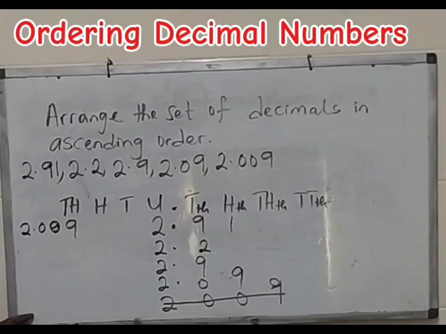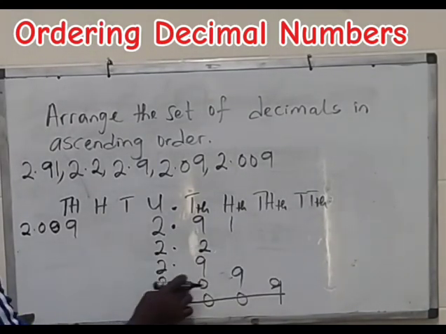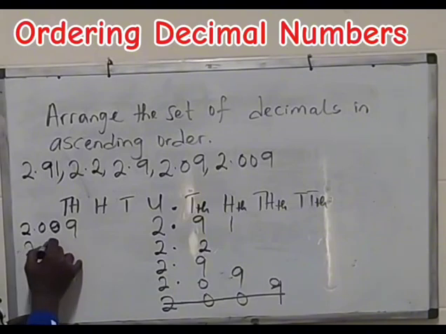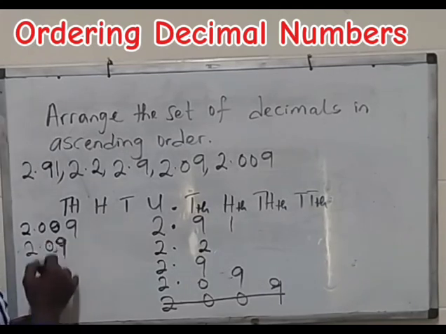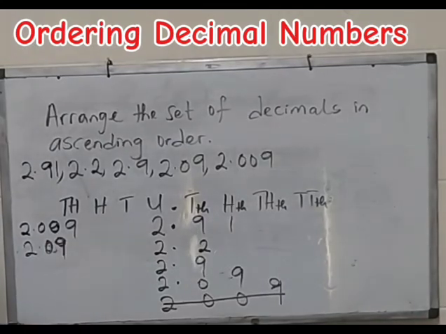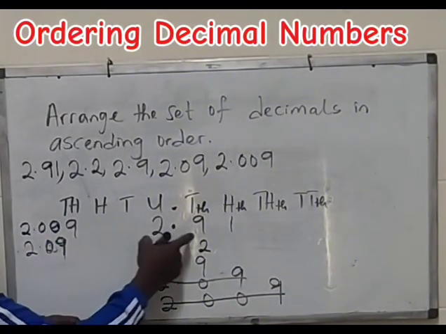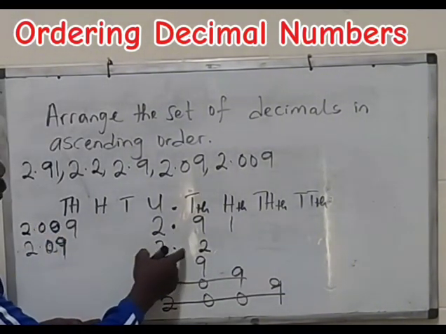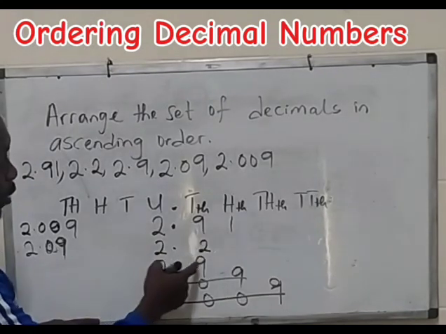So if 2.009 is the smallest number, the next smaller number should be 2.09. Now this one is out also, so we are left with 2.91, 2.2 and 2.9.